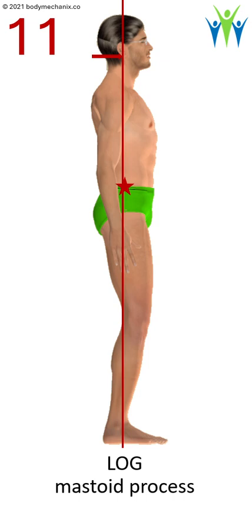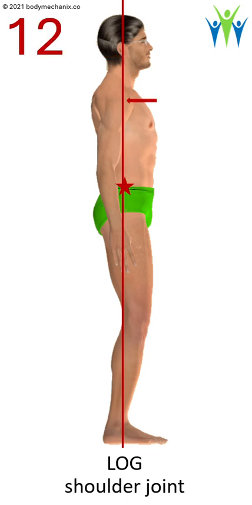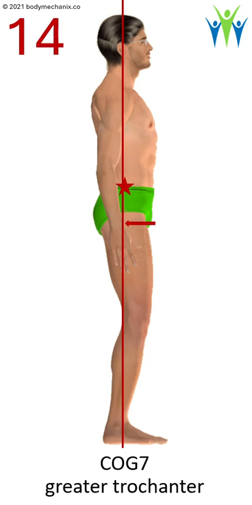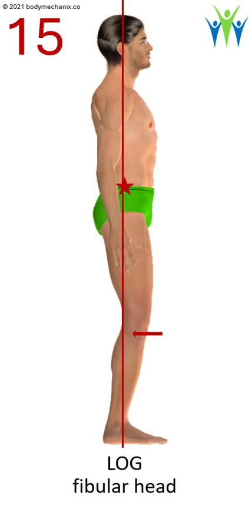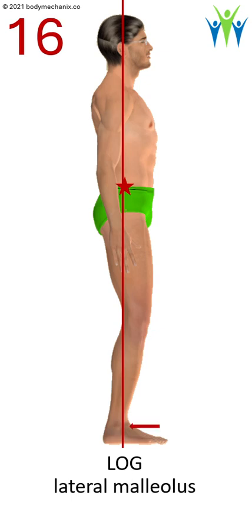Ideally, the line of gravity will pass through the mastoid process of the skull, run just anterior to the shoulder joint, go through the center of gravity, run through the greater trochanter of the femur, through the head of the fibula, and anterior to the lateral malleolus, so just in front of the ankle joint before it hits the ground.